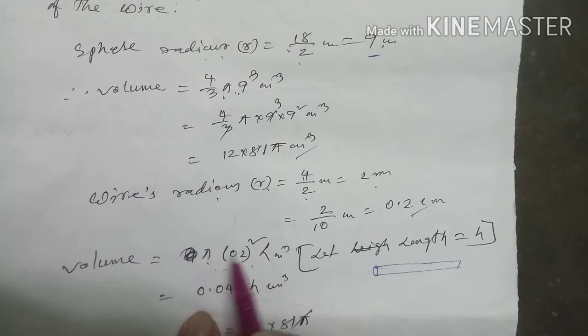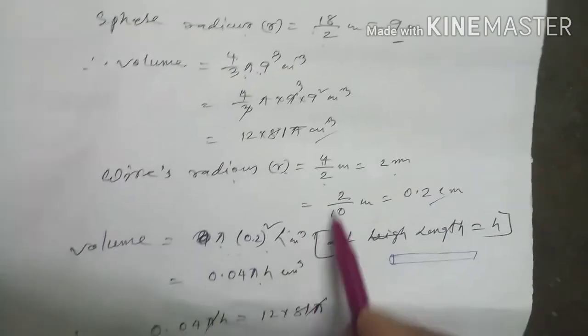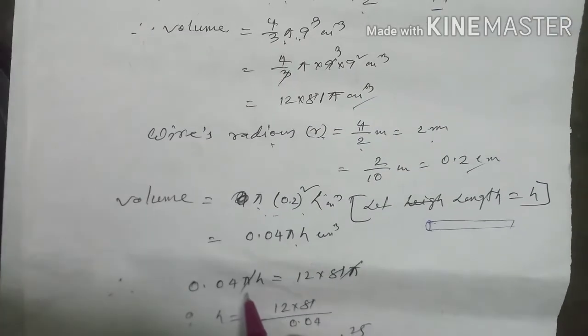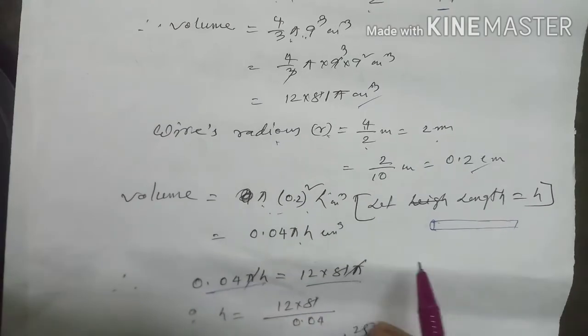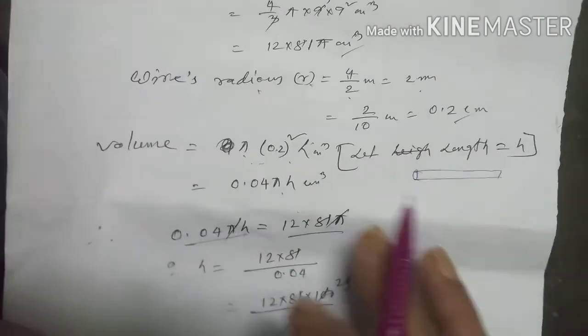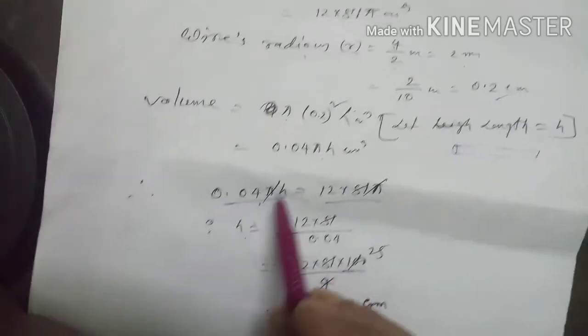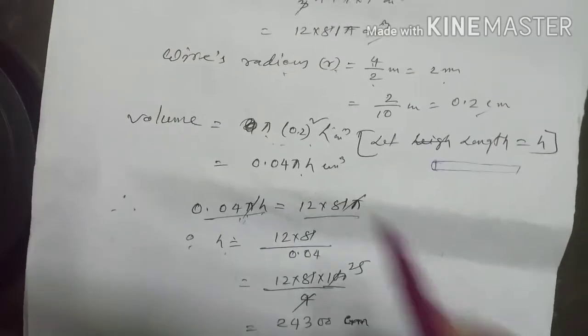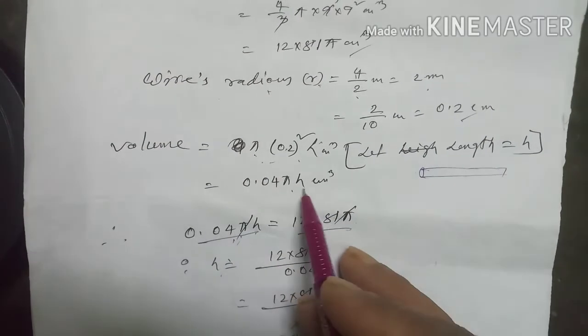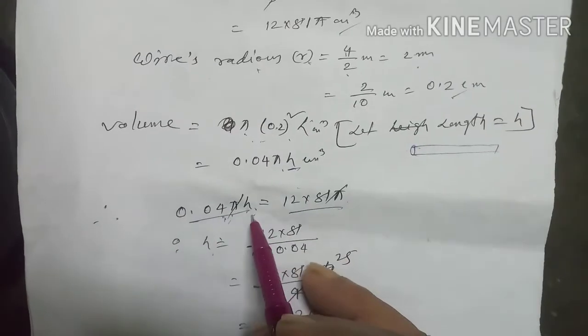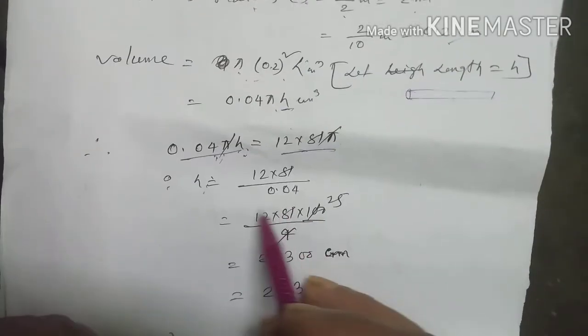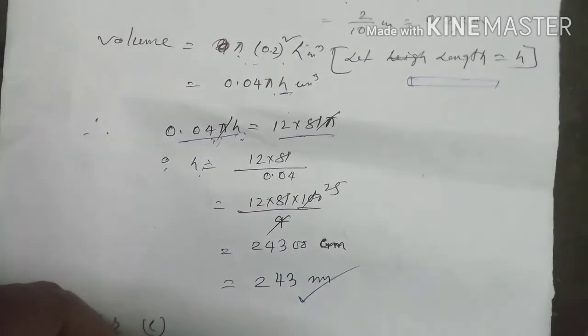Pi r square s, putting the value of r, we have both volumes will be equal because the shape is different, both volumes will be equal. Now taking the length of the wire equal to s, we can find the s easily.